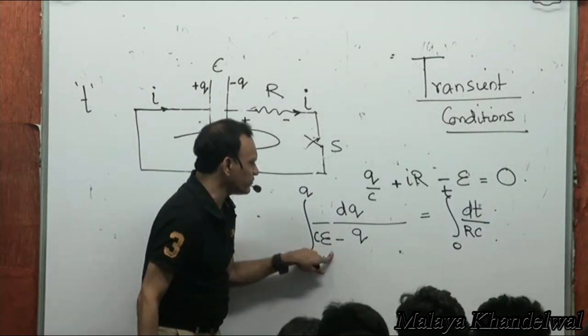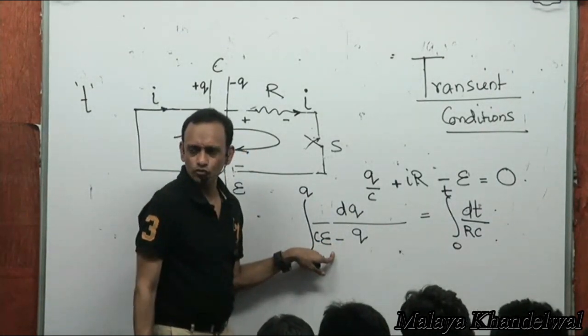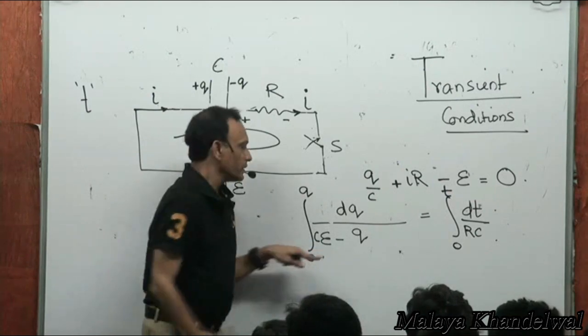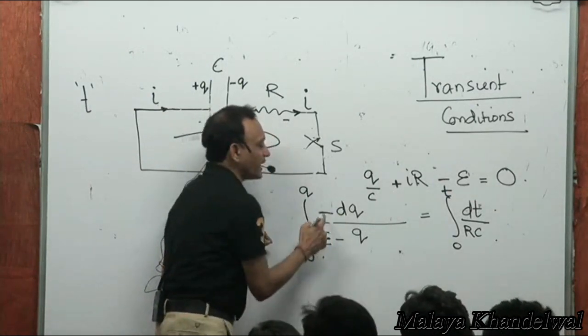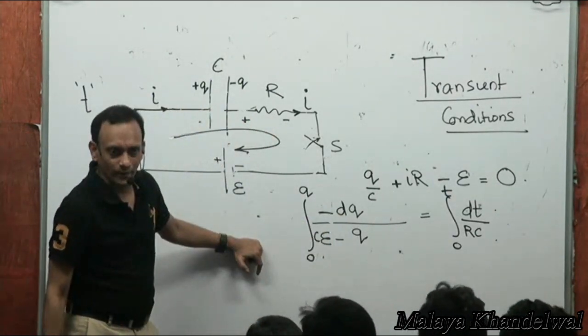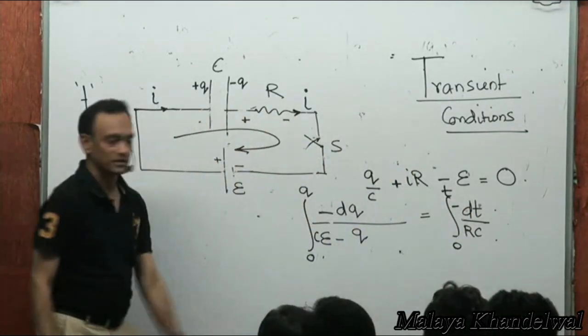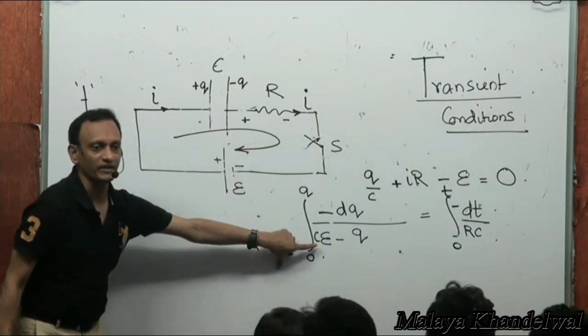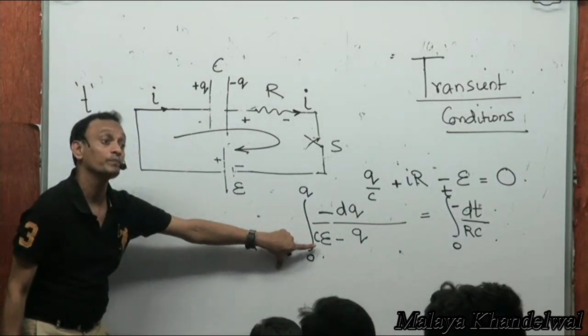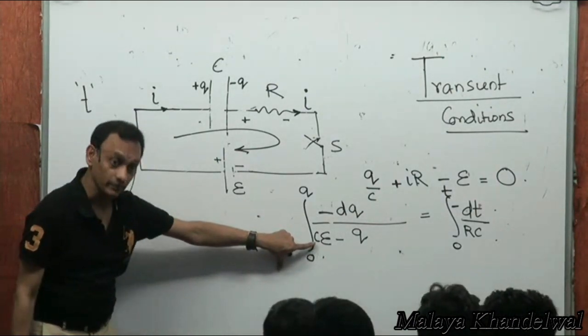What's the derivative of the denominator with respect to q? Minus 1. If I multiply with a minus, then I can make the numerator the derivative of the denominator, right? Minus, to balance this minus. Now the numerator is the derivative of the denominator. Integral will be log mod denominator. Yes or no?